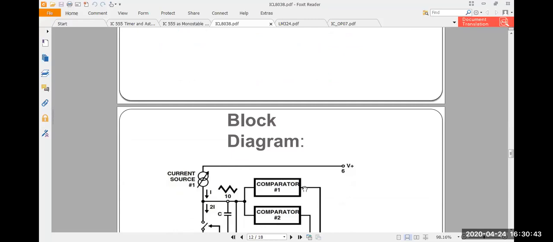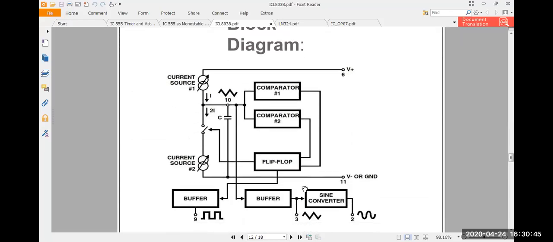So IC 8038 is a waveform generator. This is the block diagram. You can see there are two comparators, one flip-flop, two current sources, one buffer, and a sine converter. Even in the case of IC 555, we had two comparators, one flip-flop and one transistor.